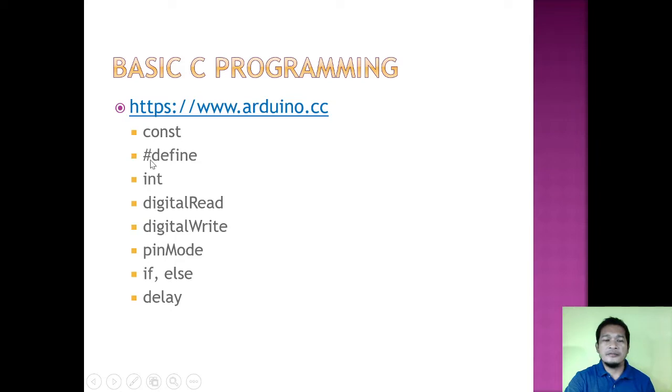Then we have number sign define or hashtag define, and we have int or integer, digitalRead, digitalWrite, pinMode, if, else, and delay. These are the basics we usually use in programming controls in Arduino, from the input to the output.